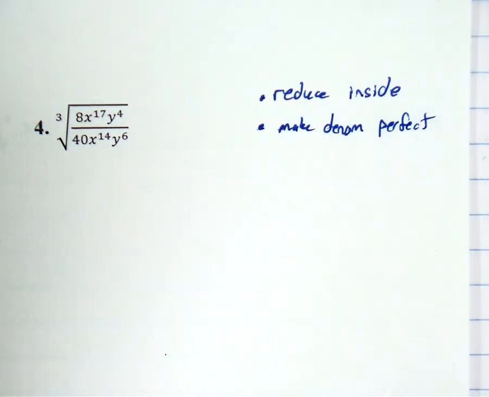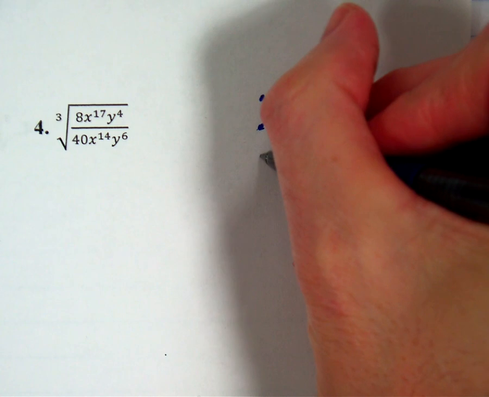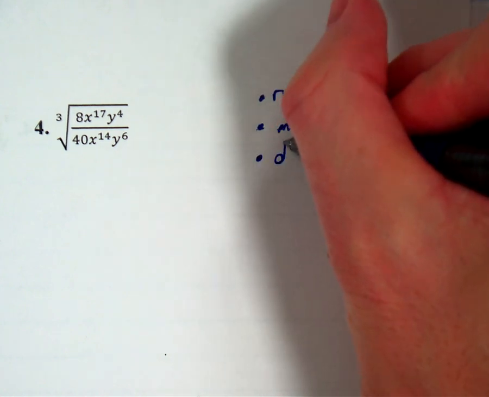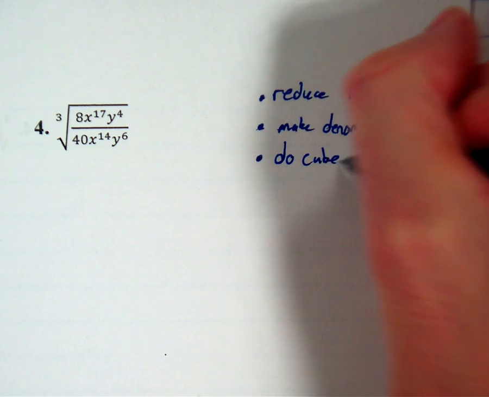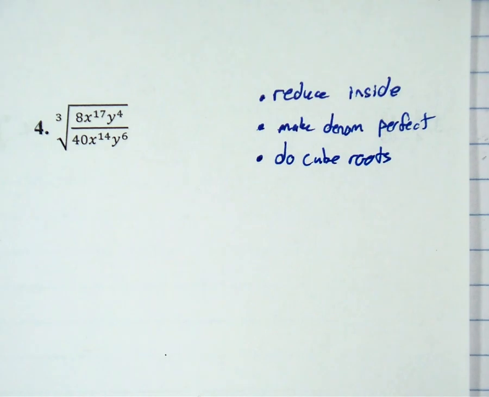Because we can't have leftovers on the bottom, so we want the bottom to be perfect so that I can do the cube root of everything that's on the bottom. Third thing, we're going to do our cube roots. All right. So simplifying on the inside first.